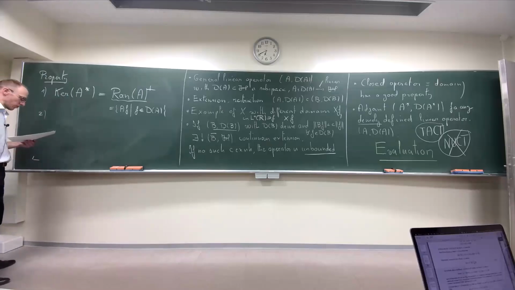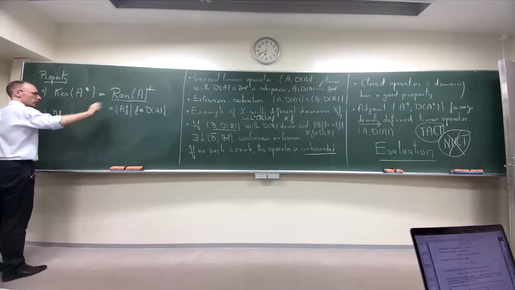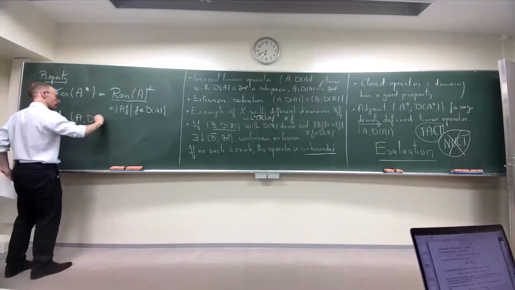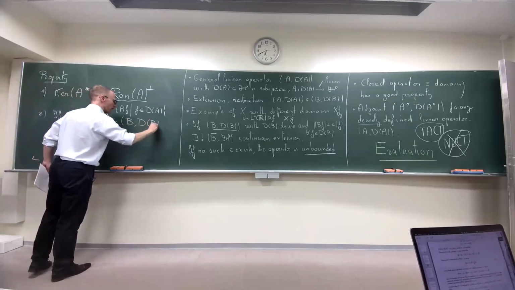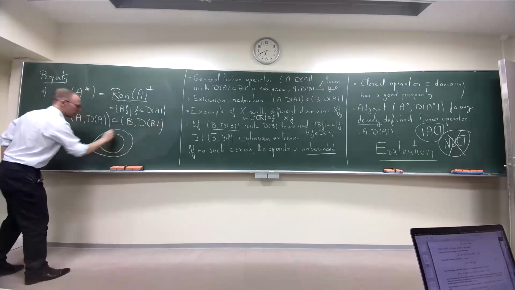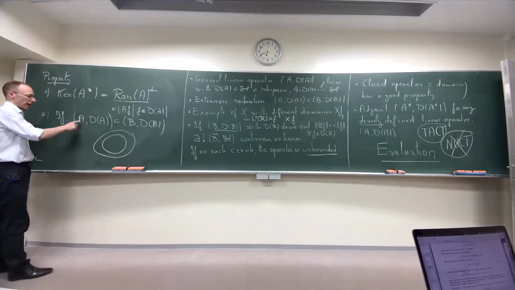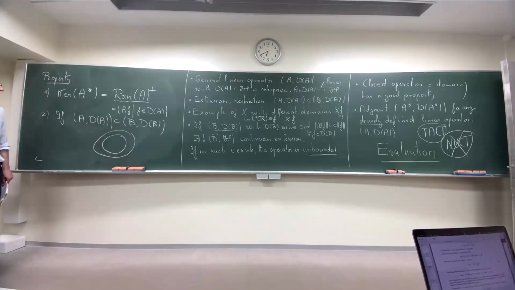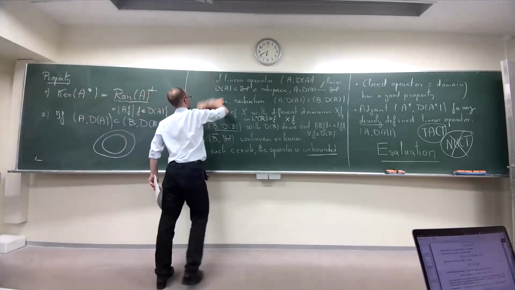And there is a second property which is also important. If you consider this notion of extension, if A is included in B, remember, it means that D(A) is a small set, D(B) is bigger, but when you apply either A or B on the small domain, you have the same thing. So if B is an extension of A, then what about the adjoint?